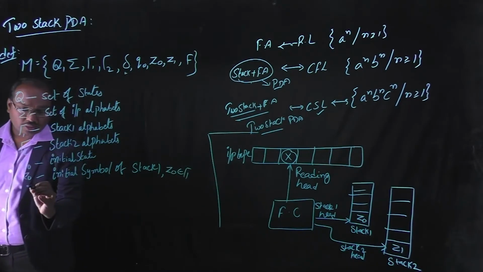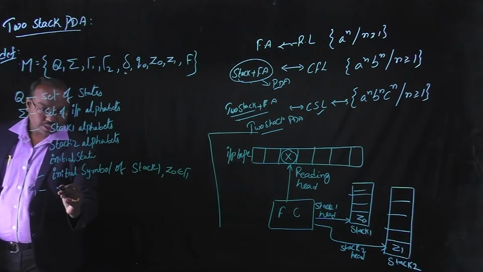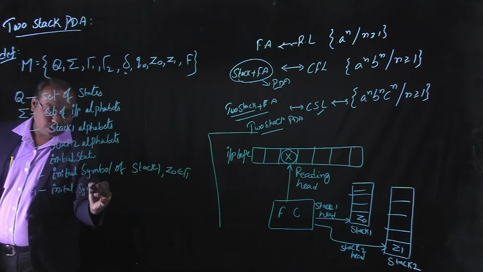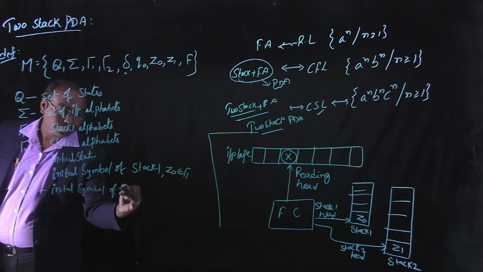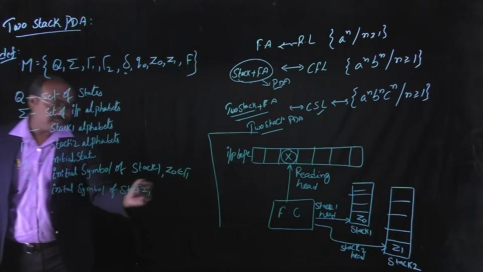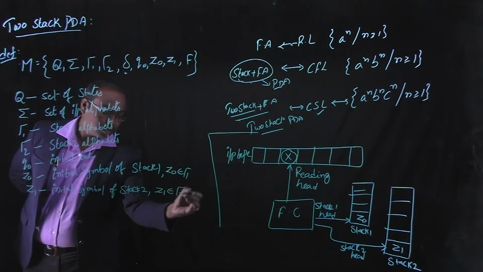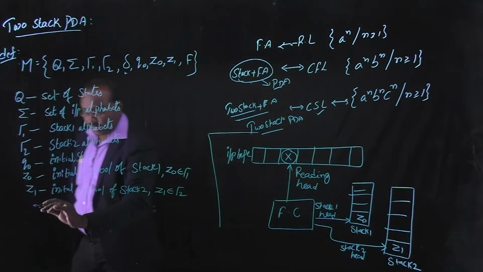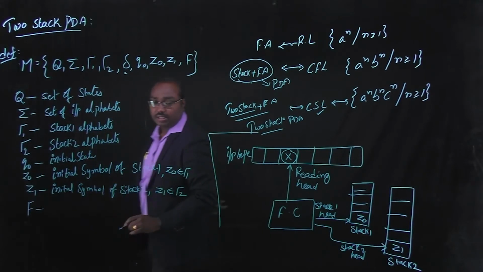Next, Z1 is the initial symbol of stack 2, that is Z1 belongs to tau 2. The last one, capital F, represents the set of final states.